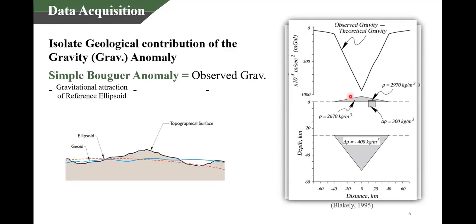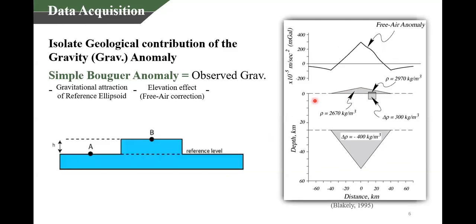Later, we have to take into account the elevation effect on the gravity measurement. As you can see, as we go higher in topography, the gravity anomaly decreases a lot. So we have to perform this correction.